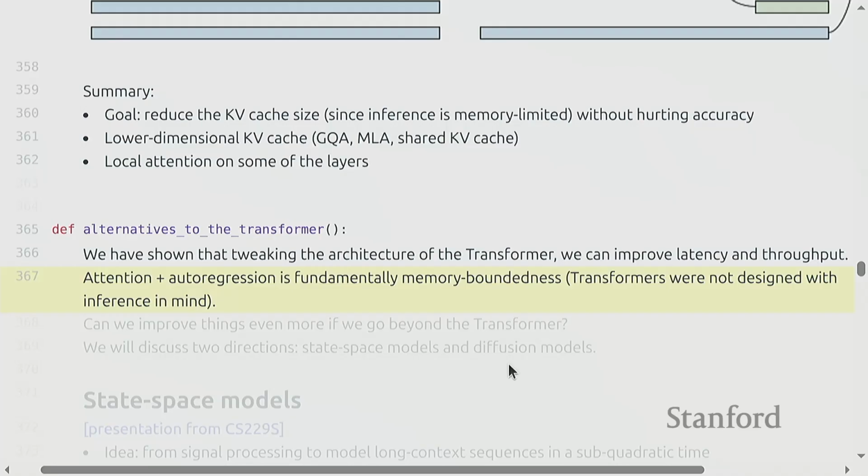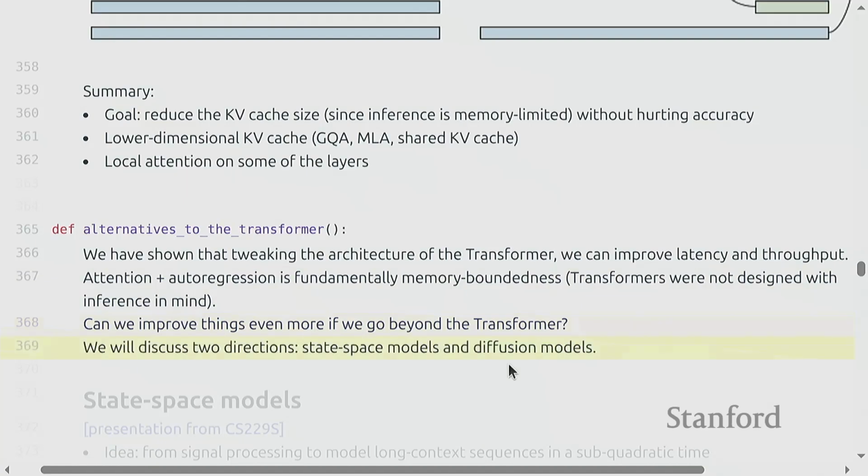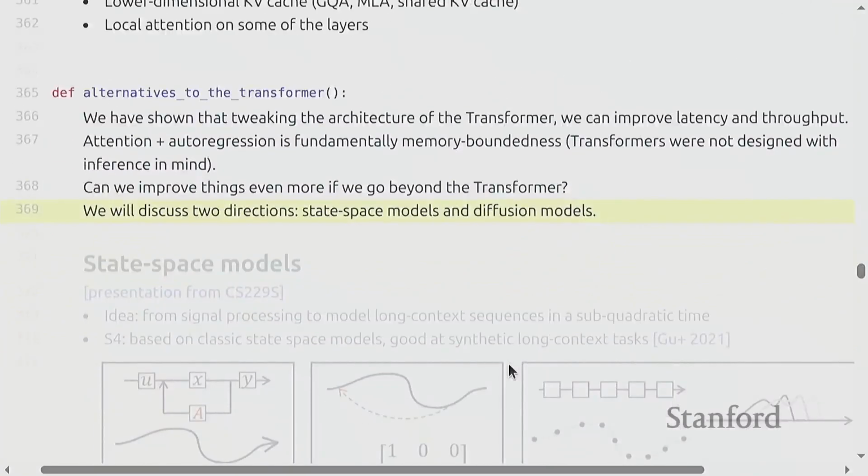They were just trying to train a good model efficiently. It was mostly about training efficiency. And the autoregression, as we pointed out, is really causing a bottleneck, the autoregression plus the full attention. So we're going to talk about 2 directions, state space models and diffusion models. This is going to be fairly quick.